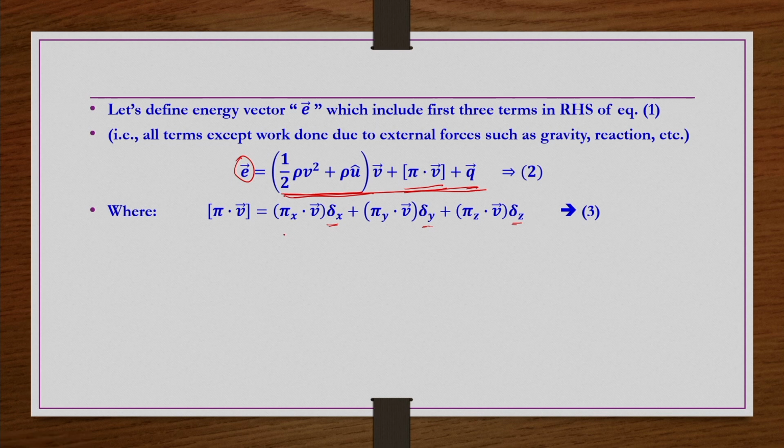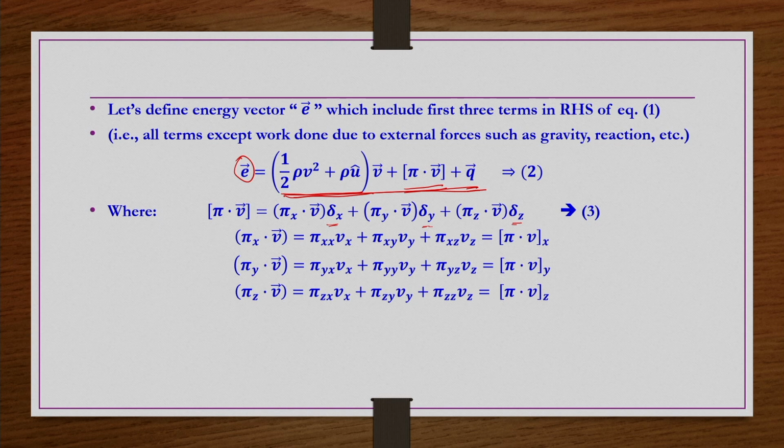Then again individual pi x dot v, pi y dot v, pi z dot v we can write like this, so that we have all 9 components, 1, 2, 3, 4, 5, 6, 7, 8, 9. So this particular term is having all 9 components. Now imagine these 9 components you are writing in all 3 directions, entering and leaving, so many terms will become very complicated.